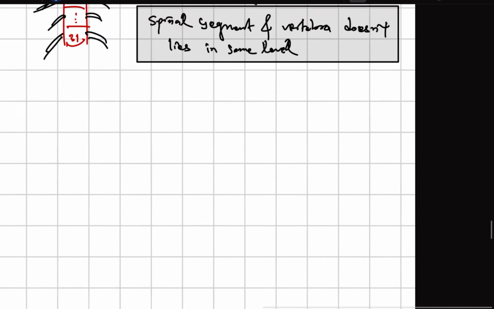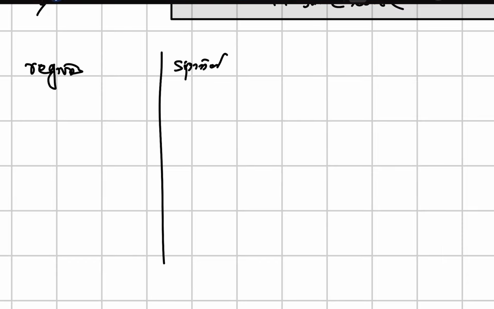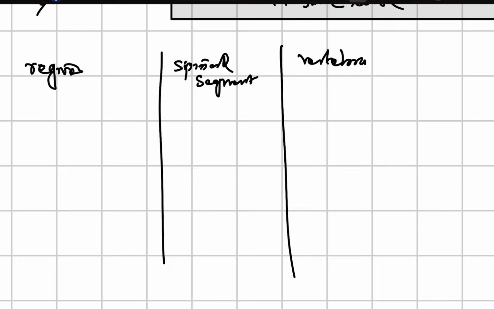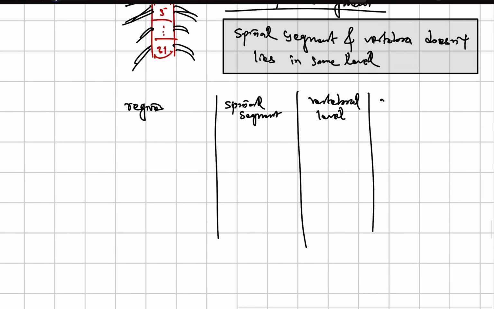For the spinal segments, there is a division based on the region. There is the spinal segment, and then there is the vertebral level. When we look at the vertebral level, where is the segment lying? There is a rule known as the general rule. How to learn the general rule?